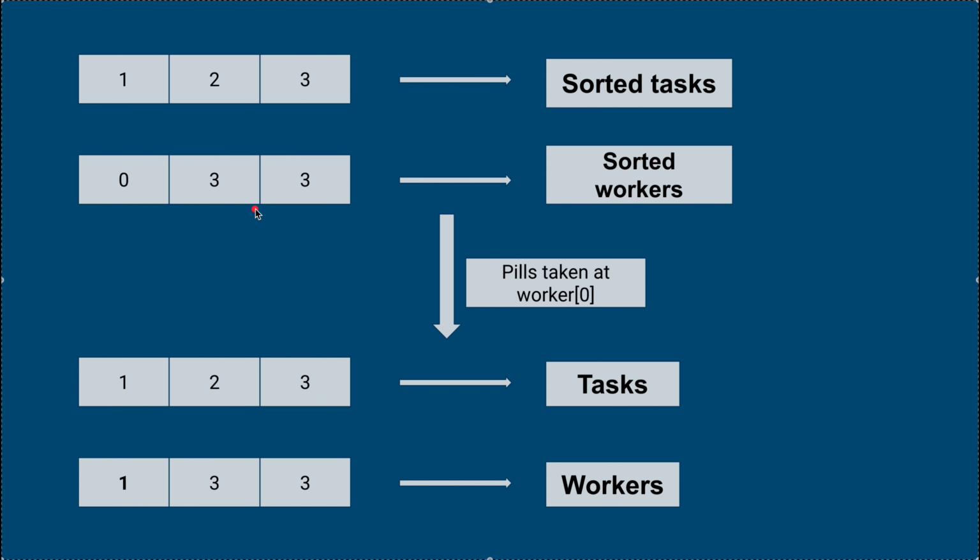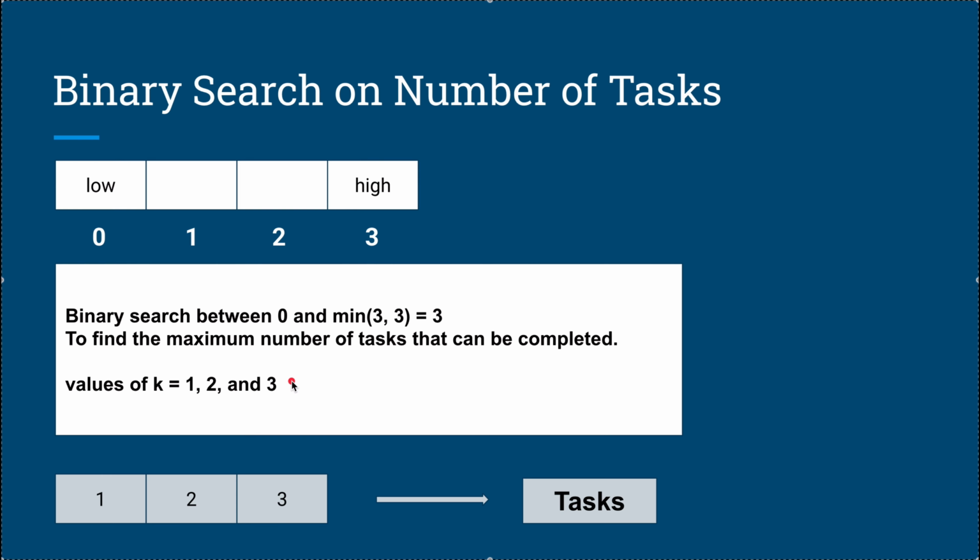So who needs the pill? As you can see, the pill is required for this worker to complete this task. So we will add one here and now the strength will match, and he can finish the work. Now 3 has enough strength to finish this work, and 3 has equal strength to finish this work. So now these three tasks can be done.